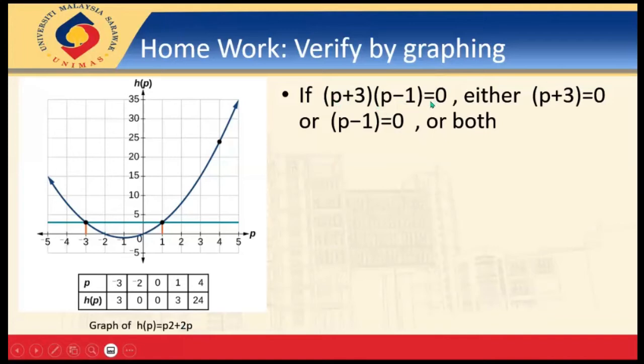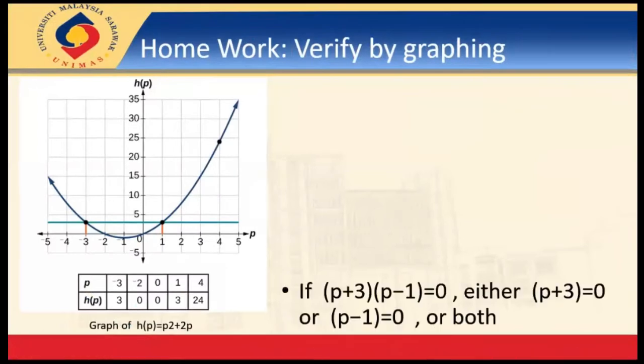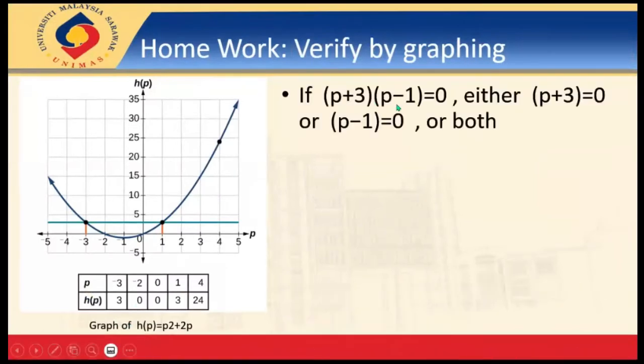Because you know that the equation was like this, if you go one step back, p plus 3 into p minus 1 equal to 3. Keep in mind this step: p plus 3 into p minus 1 equal to 0.